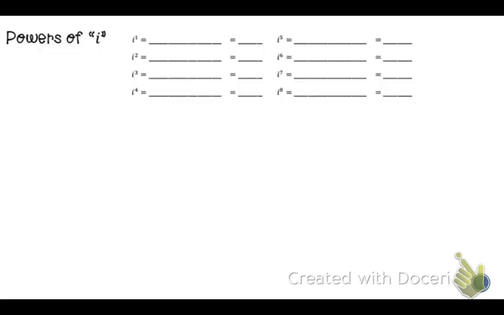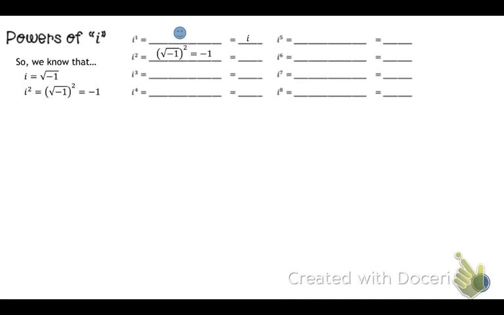Let's see. Okay, powers of i. This is super important. So i to the first power, that just equals i. There's not a lot you can do there. Okay? i squared, now we know that i equals the square root of -1. So if we have i squared, that means that we're just going to square the square root of -1. If we square the square root of -1, you get -1.